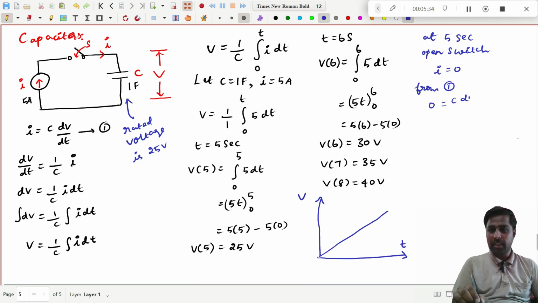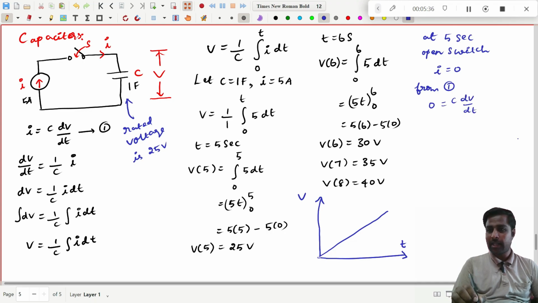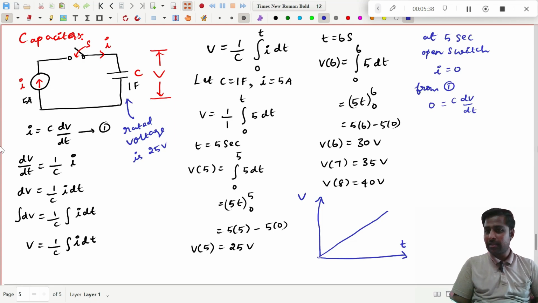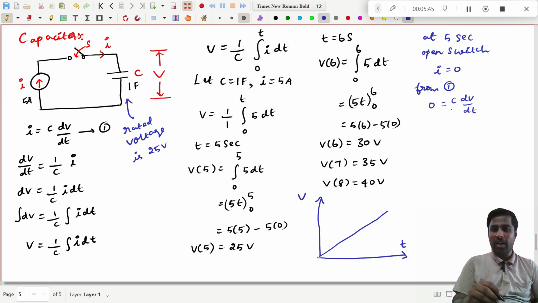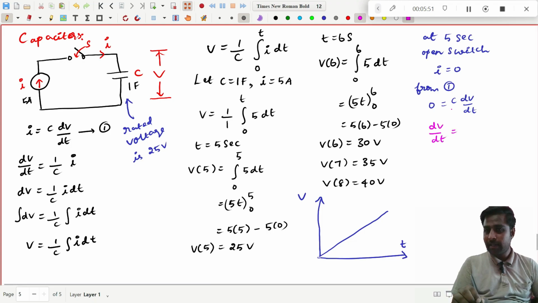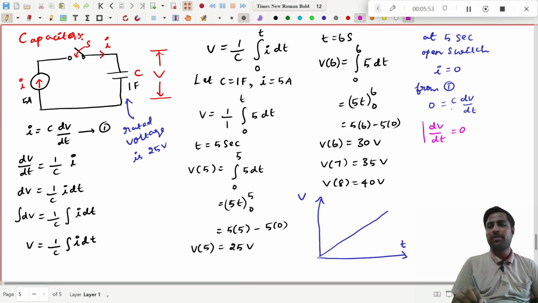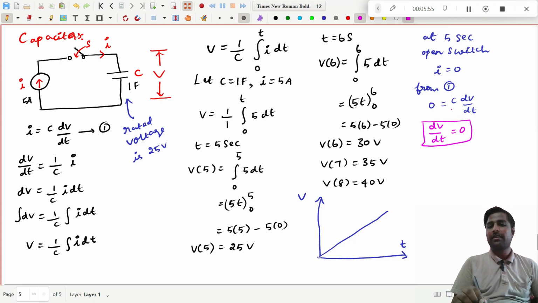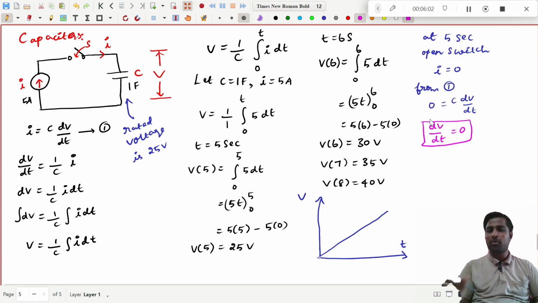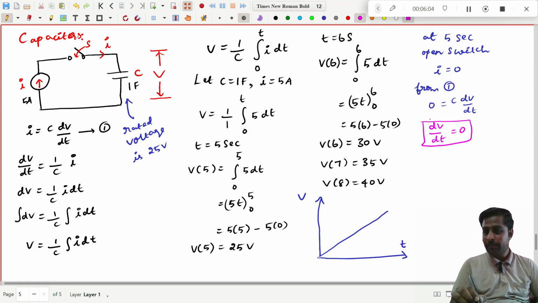So C into dV by dt, and this C, if it comes to the left hand side, that also becomes 0. So what I will get finally, you see, dV by dt becomes 0, right? If dV by dt becomes 0, then this expression tells us there is no change in voltage.